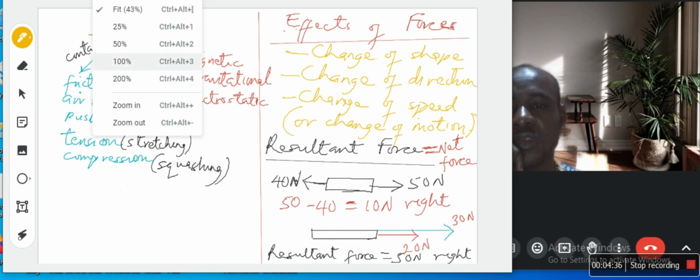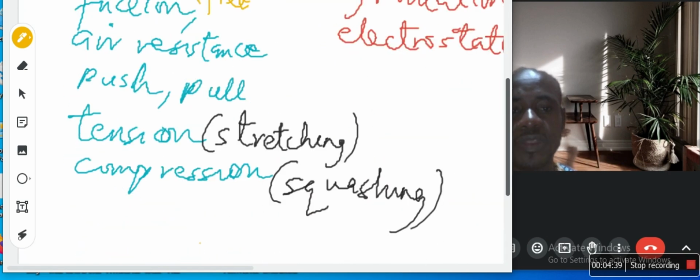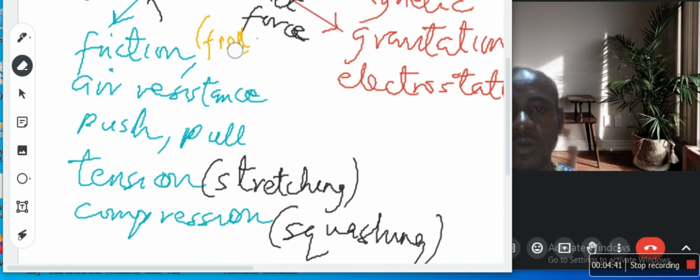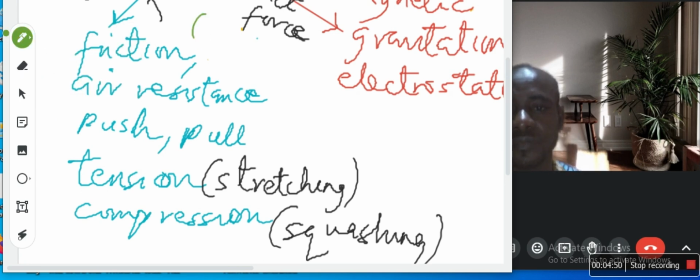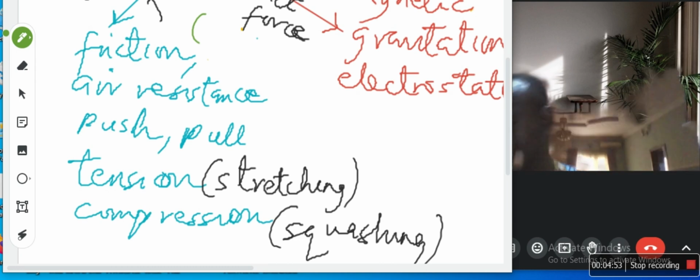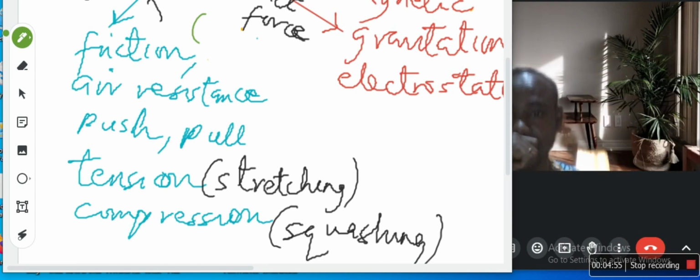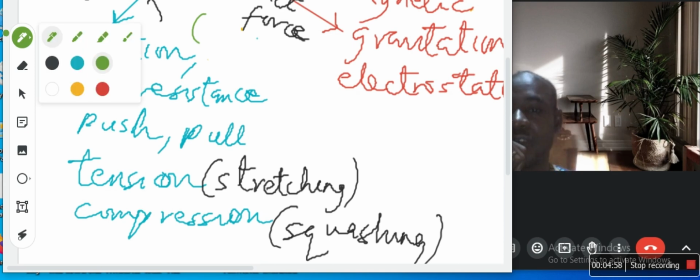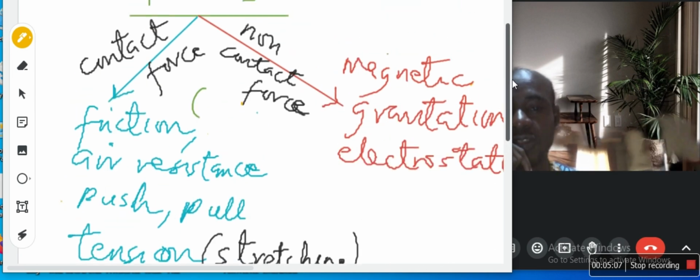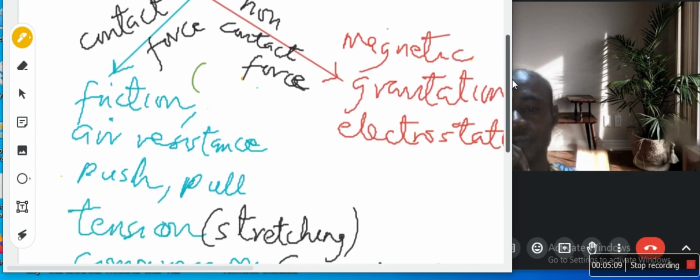Let me zoom in to 100% so that this will come out better. Examples of contact forces: friction, air resistance, tension, compression, push, pull.